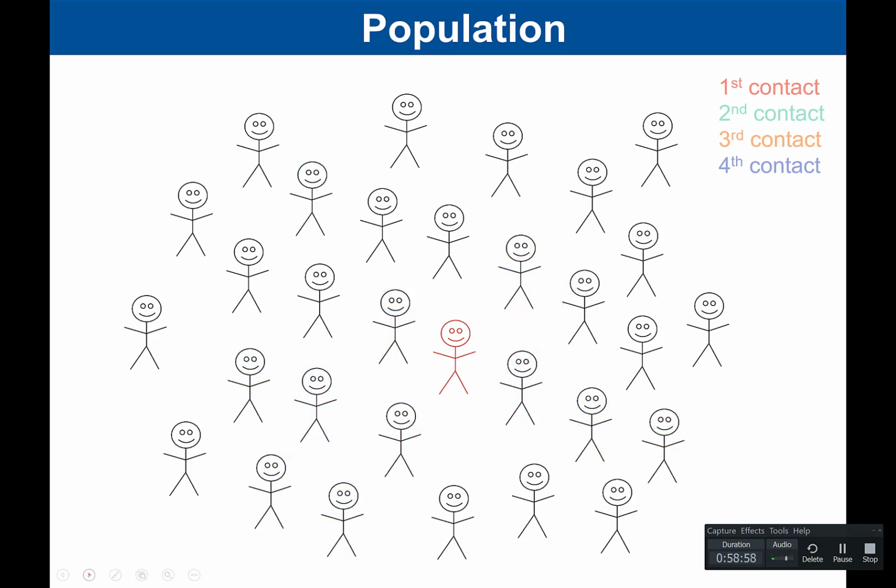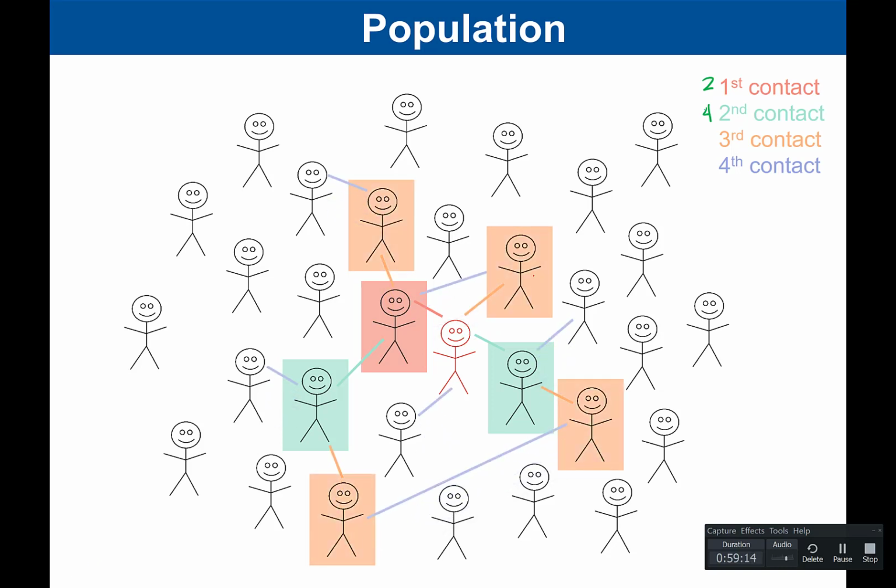If we were to do the same demonstration, again, first round, 2 people have it. Second round, they each make contact, and 4 people have it. The third round, 4 more people have it. So we have 8. But in the 4th contact, this time we're having 2 infected individuals make contact with one another.